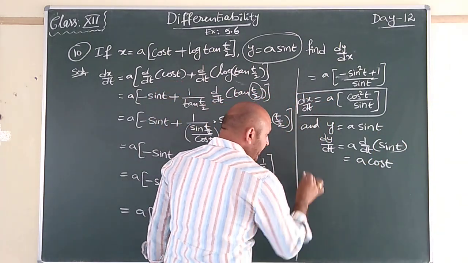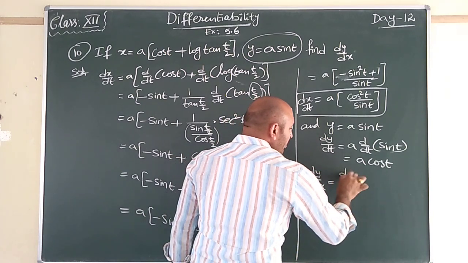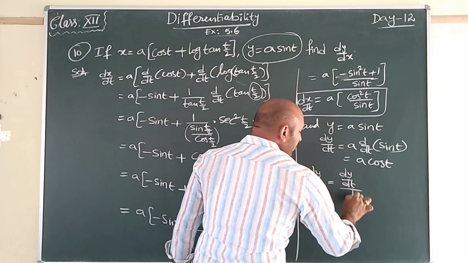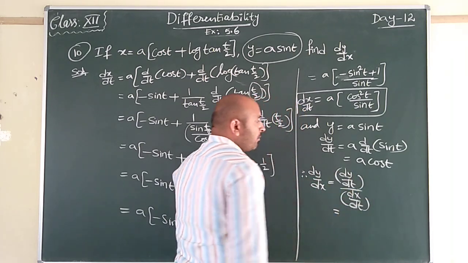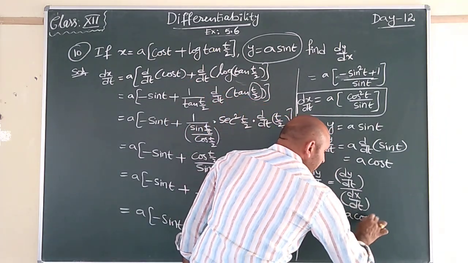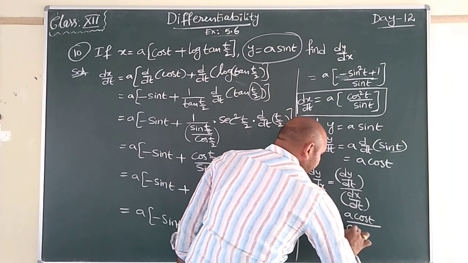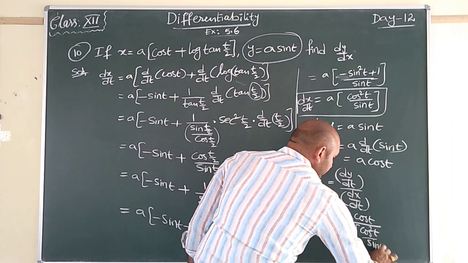So finally, dy by dx is equal to dy by dt upon dx by dt. It is equal to a cos t divided by a into cos square t upon sin t.